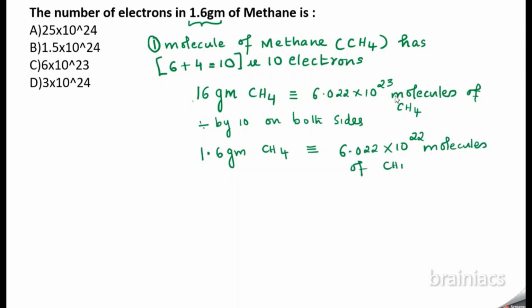So right now we have calculated that 1.6 gram of methane has 6.022 into 10 power 22 molecules. I know that one molecule of methane has 10 electrons. Now tell me, 6.022 into 10 power 22 molecules will have how many electrons? 6.022 into 10 power 23 electrons. Correct. So I will write it in this way.